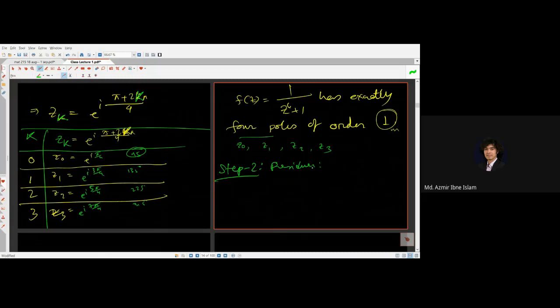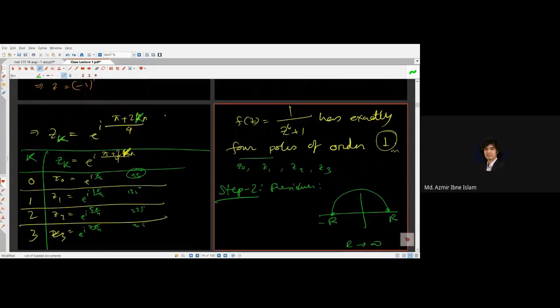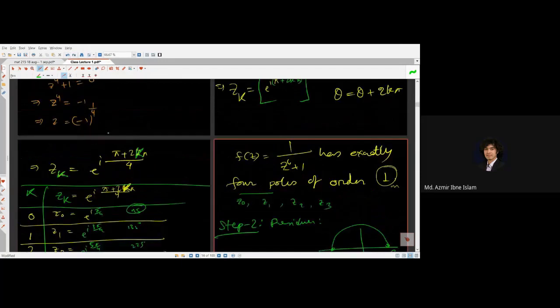But before that, we have to check which poles are inside the upper circle. So negative R to positive R, and we know that R is tending to infinity. That means this is a big region, right? Yes, sir. And whatever part we have found here, this is R e to the power i theta. So what is R here? R is 1.